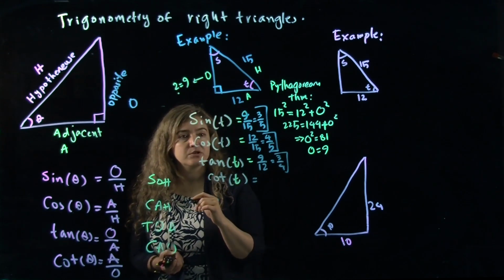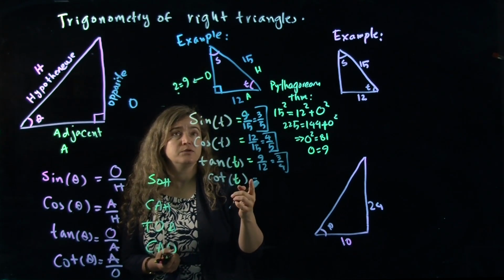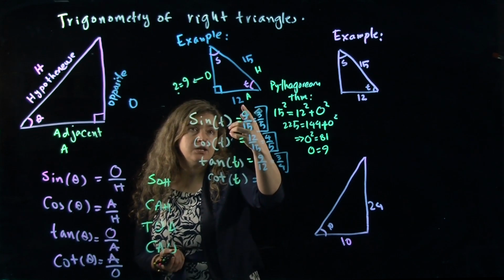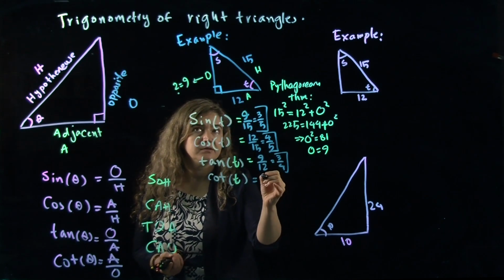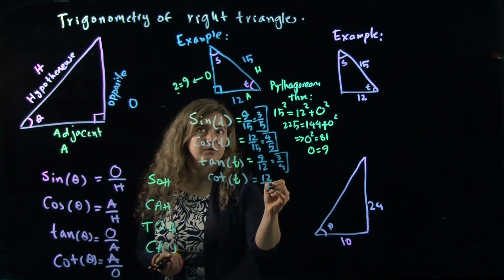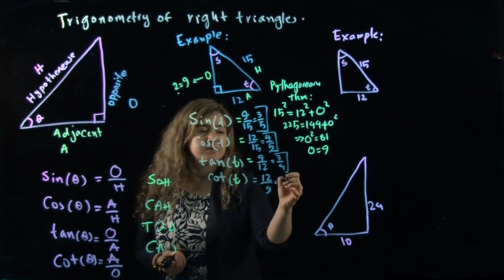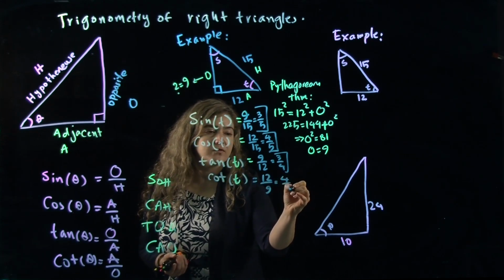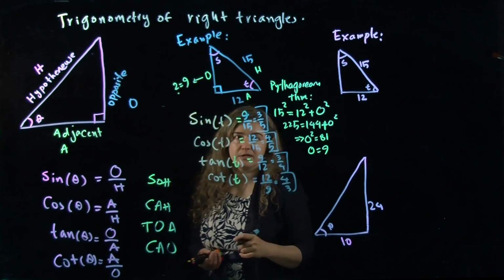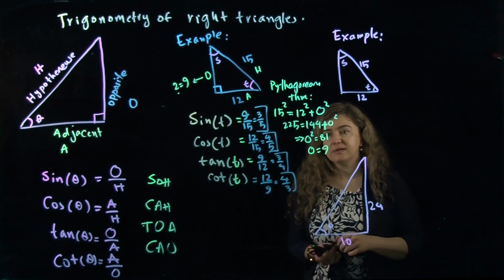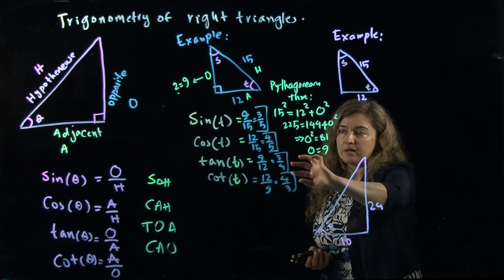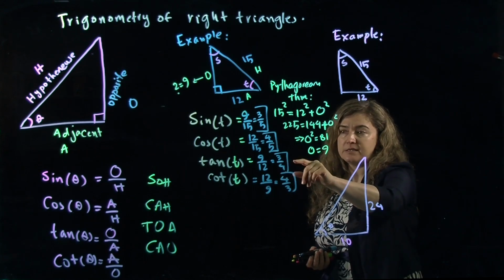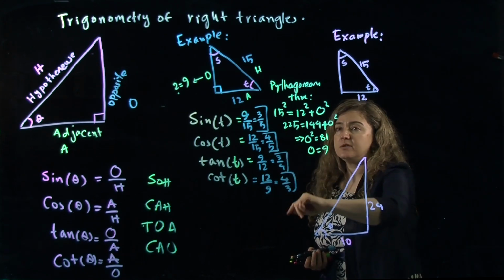Then cotangent of t is going to be equal to the adjacent divided by opposite, and that's 4 over 3. Or I could have used the quotient identities to figure these two out.